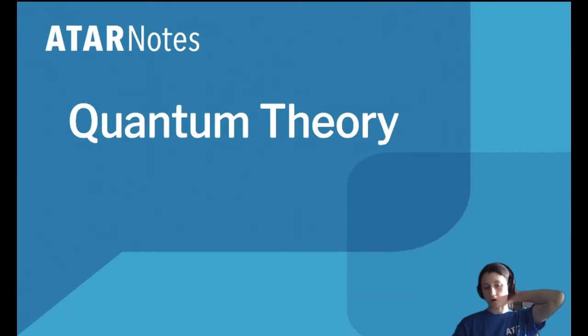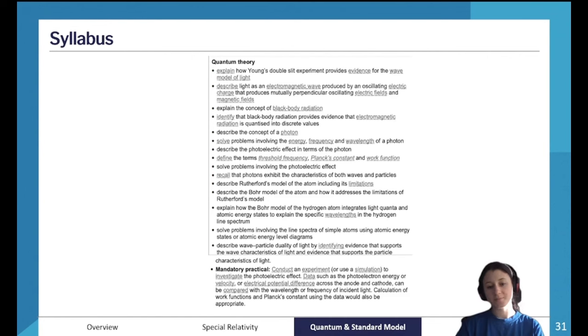Let's move on now to our next topic for today. So now we're going to be going through quantum, alright? Quantum theory. And as you can see here, these are the syllabus dot points on everything you need to understand for quantum theory.